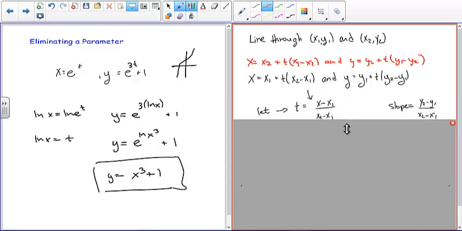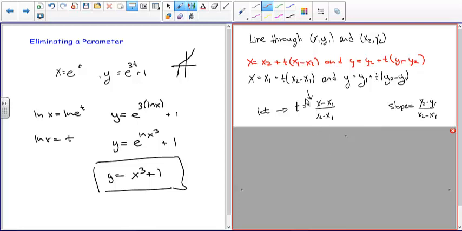The first thing you can do is solve the x equation for t. What you'll get is t equals (x minus x1) divided by (x2 minus x1). Also remember the slope, we'll use this later: the slope is (y2 minus y1) over (x2 minus x1).